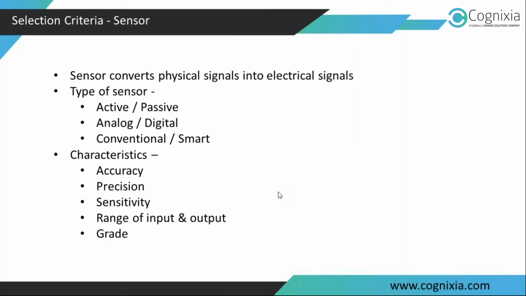Now, when it comes to selection of a sensor, and believe me, this is really a critical area which would require lots of attention. Why? Because the data that we collect from the environment with the help of sensors would be leveraged to make decisions. Now, believe me, there is a principle, right?